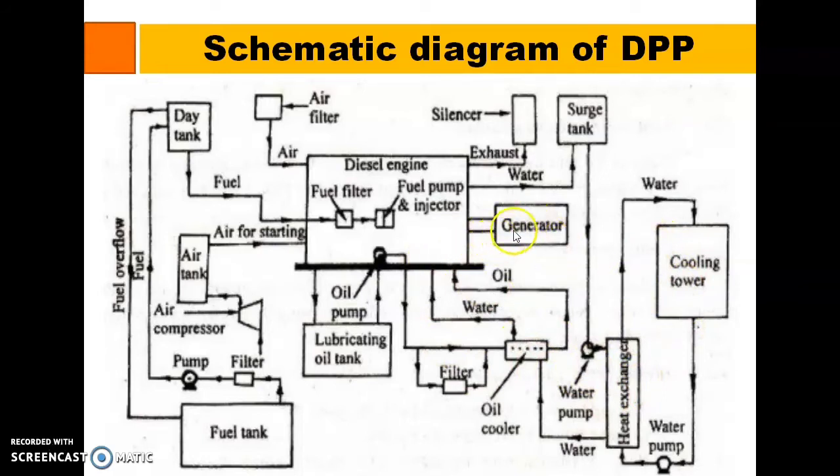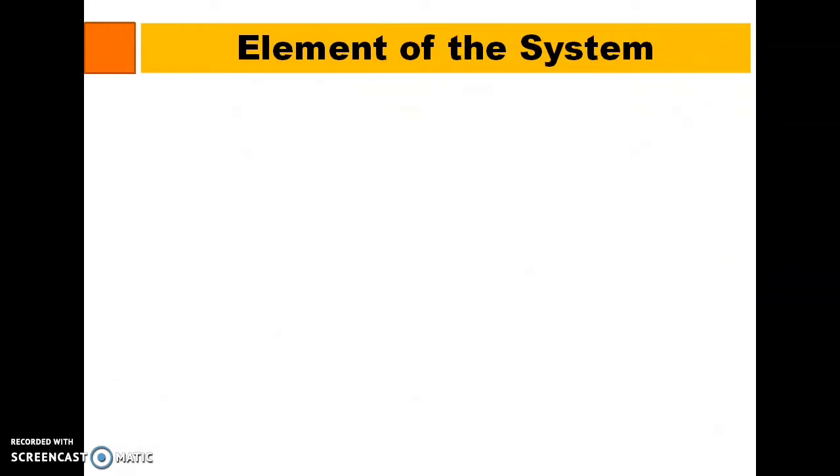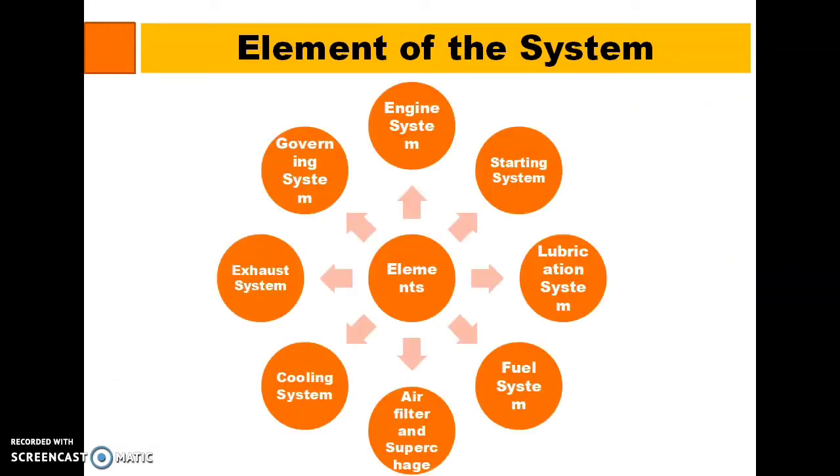Then the generator is connected to the same shaft as the diesel engine. Then this is the exhaust system. Then this is the lubrication system. The whole schematic system can be explained by some simple circuits.